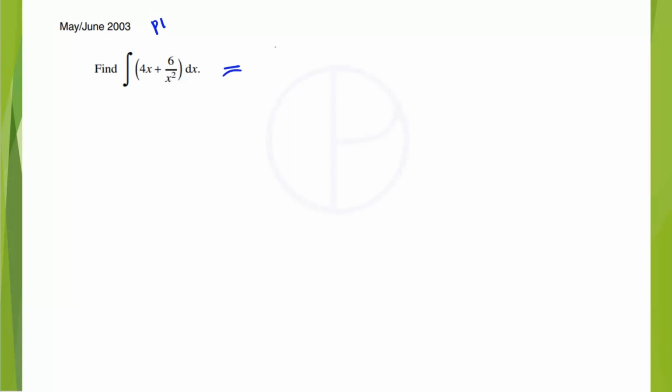This can be written as 4 integral x dx plus 6 multiplied by integral, where 1 over x squared can be written as x^(-2) dx.